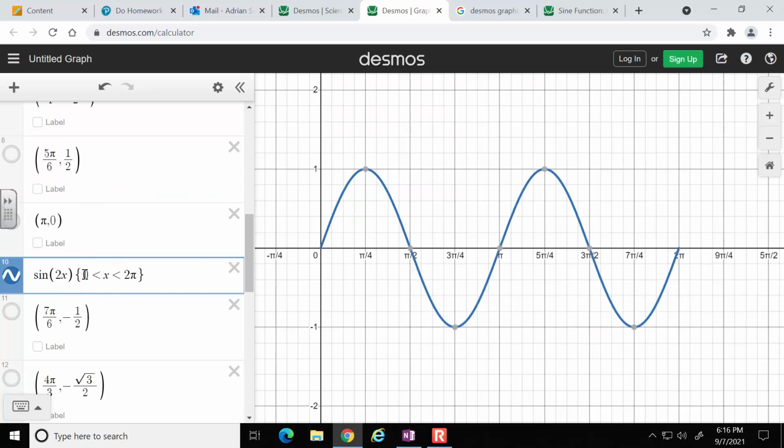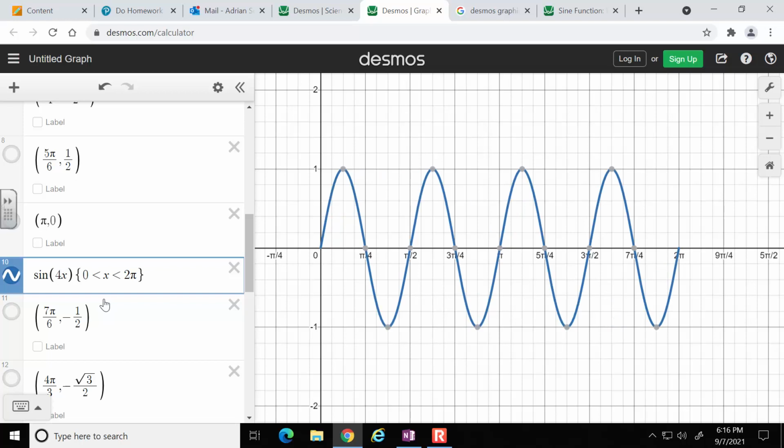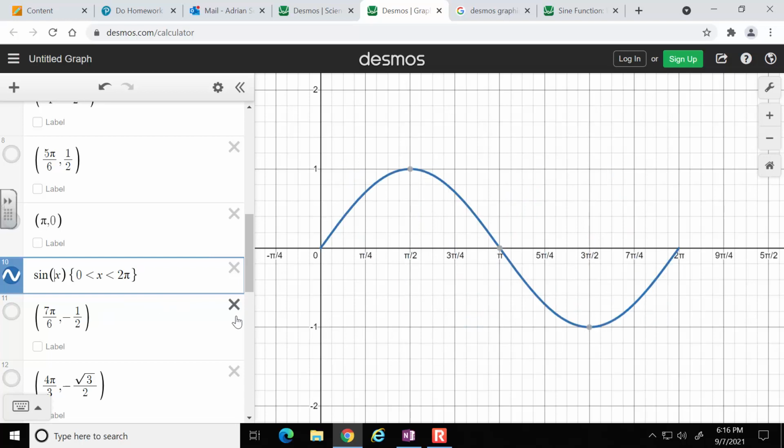You can see between 0 and pi is one period, since 2 pi over 2 is pi. If I make that 4, 2 pi over 4 means it repeats every pi half. So one period is done at pi half. That's changing how much it's squeezed in or out in the x direction.